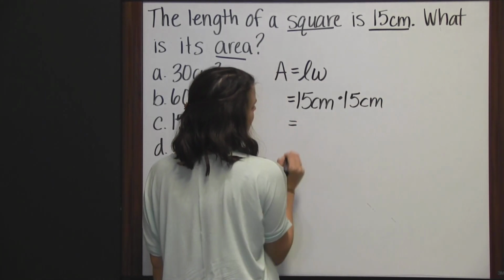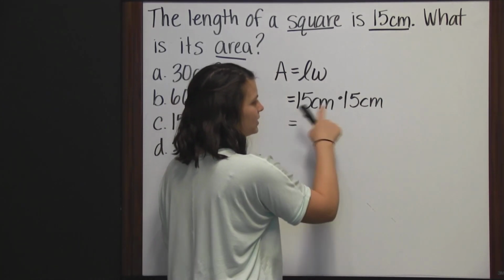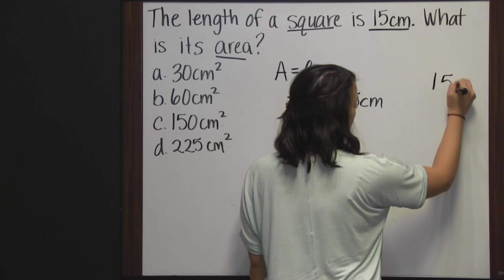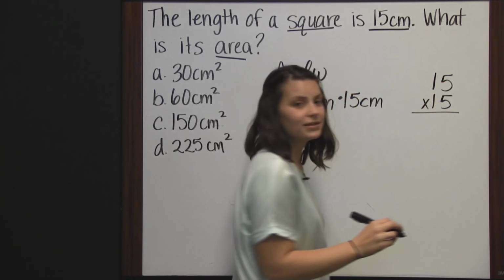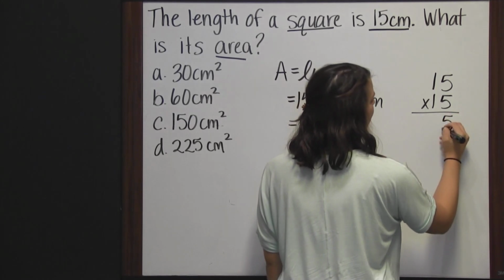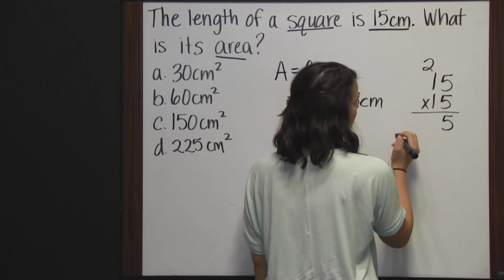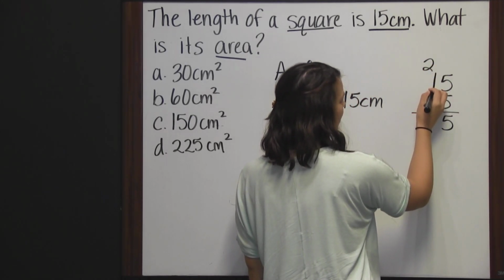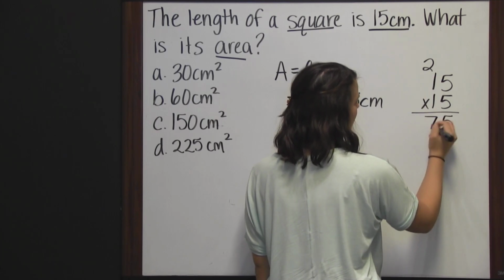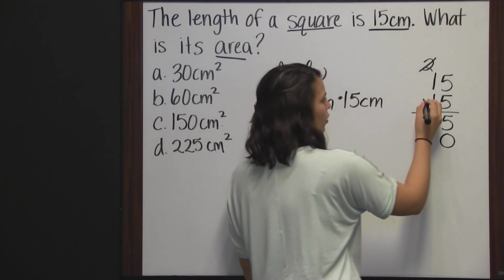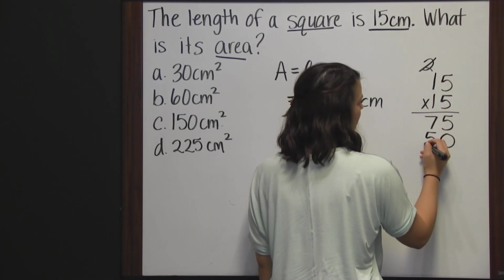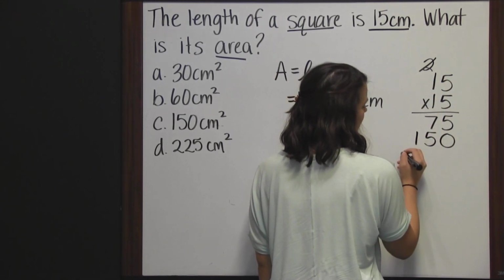So we substitute 15 centimeters for the length and 15 centimeters for the width. So 15 times 15, we can multiply that out over here. 5 times 5 is 25. Write the 5, carry the 2. 5 times 1 is 5, plus 2 is 7. Put your 0 placeholder. 1 times 5 is 5, and 1 times 1 is 1.